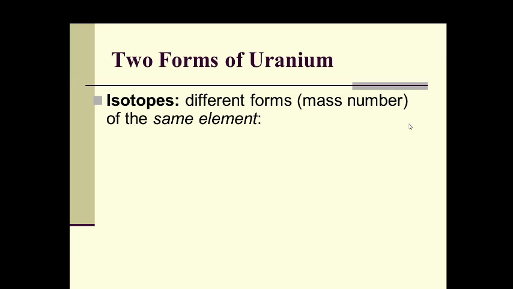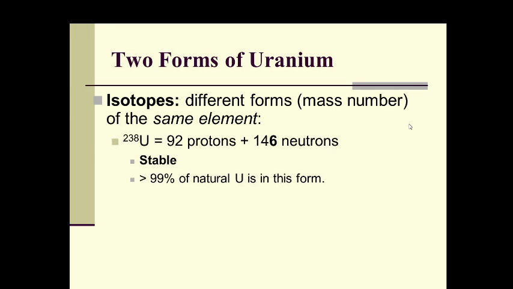So now let's look at fission, and to look at fission we need to talk about isotopes. So isotopes are different forms of the same element. So they have the same number of protons but different numbers of neutrons. Tritium and deuterium were isotopes of hydrogen. Right? So U-238 has 92 protons and 146 neutrons.